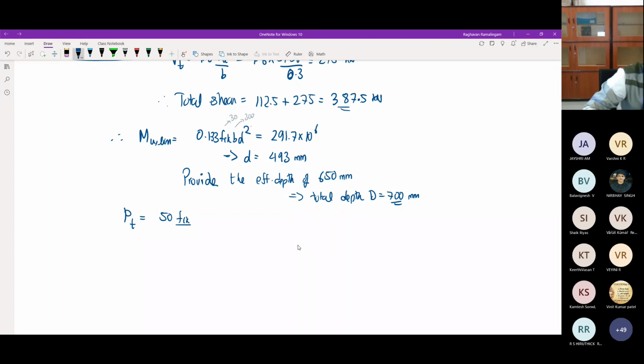Is it 50 FCK by FY or FY by FCK? Anyone remembers? FCK by FY. 1 minus root of 1 minus 4.598 Mu by... I hope the formula is correct.